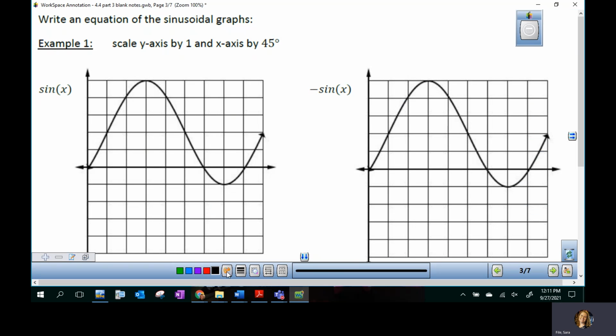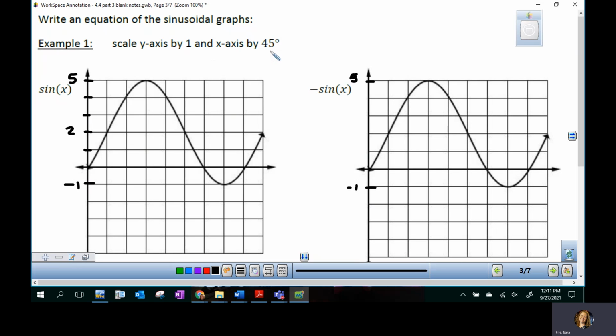Before we can get started, we need to scale our axes. It says to scale the y-axis by 1s, 2, that goes all the way up to 5, and it comes down to -1. That was the y-axis.